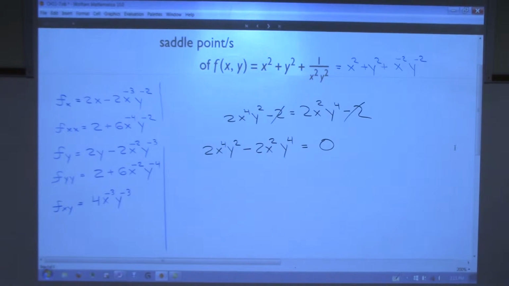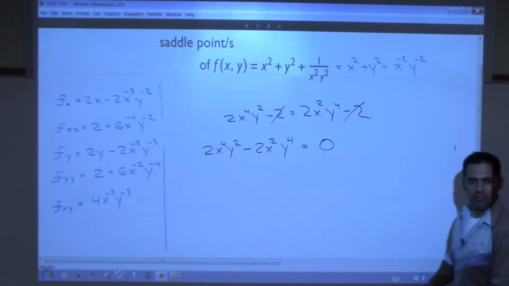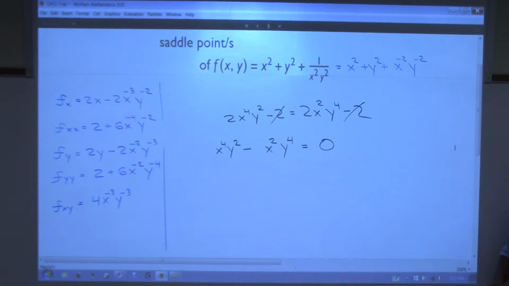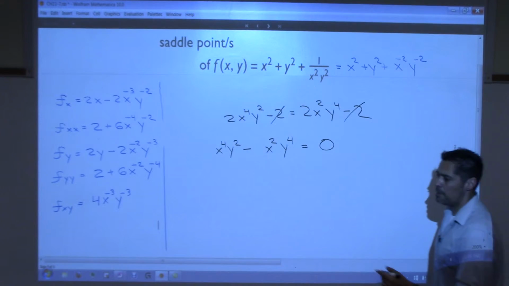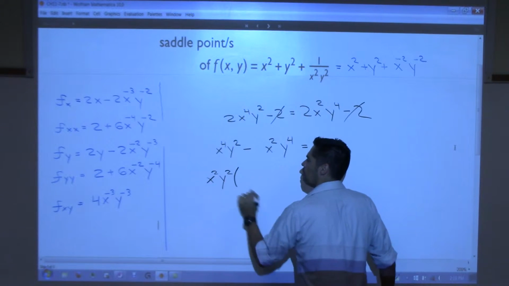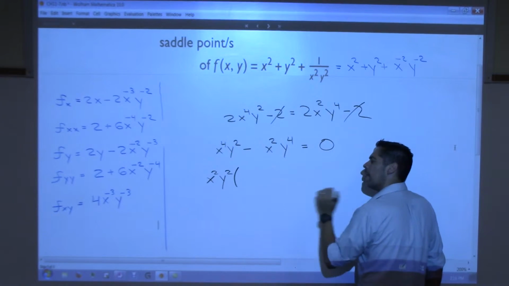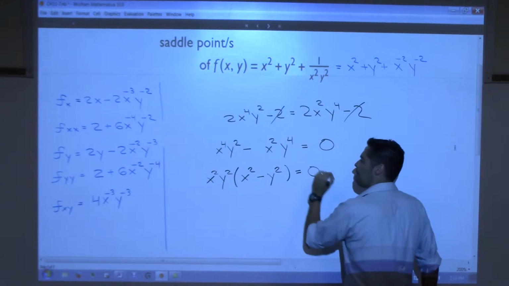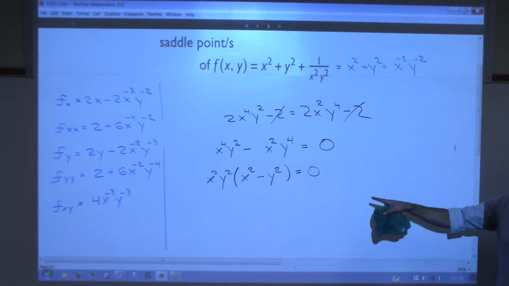We still good? Let's divide out a 2. We can do that. GCF, what do they both have in common? What would I be left with here? Difference of squares?